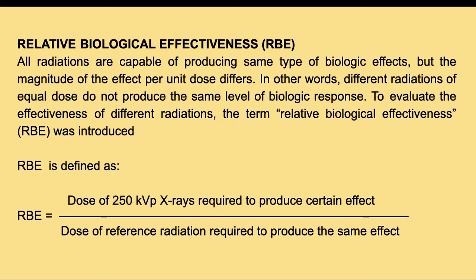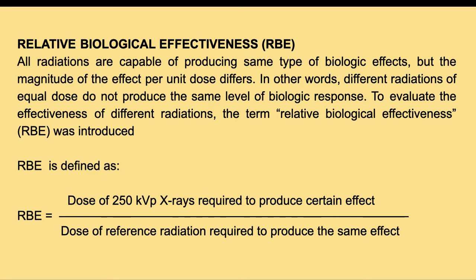To evaluate the effectiveness of different radiations, the term relative biological effectiveness, RBE, was introduced. And you can define RBE as the dose of 250 kilovolt peak X-rays required to produce a certain effect divided by the dose of reference radiation required to produce the same effect. Normally you mention the X-rays with the voltage given to them.